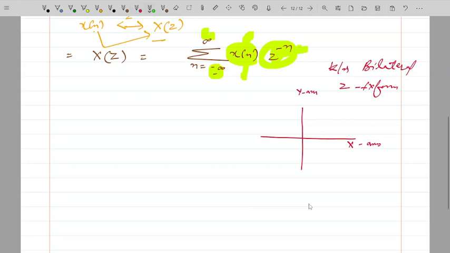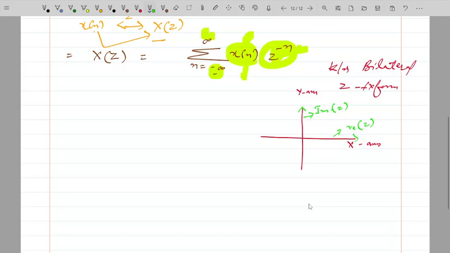On the y-axis, the imaginary parts of the Z transform will be plotted, and on the x-axis the real parts of the Z transform will be plotted.